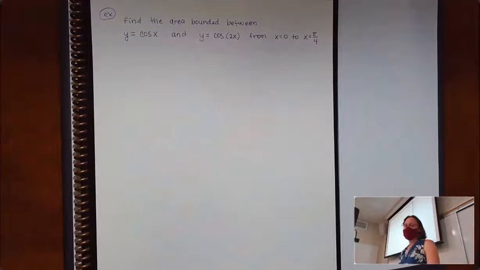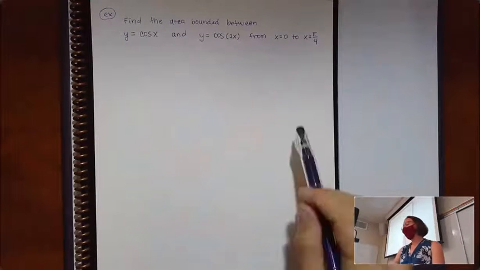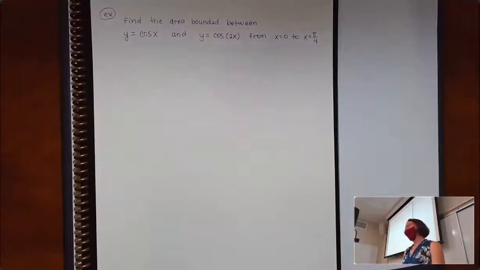So if I'm trying to find this area, well, the good news is I've been given some x bounds. Bad news is I still have to figure out who's on top and who's on the bottom, unless he's going to give us a graph, which honestly, I really think he's going to give you a picture.